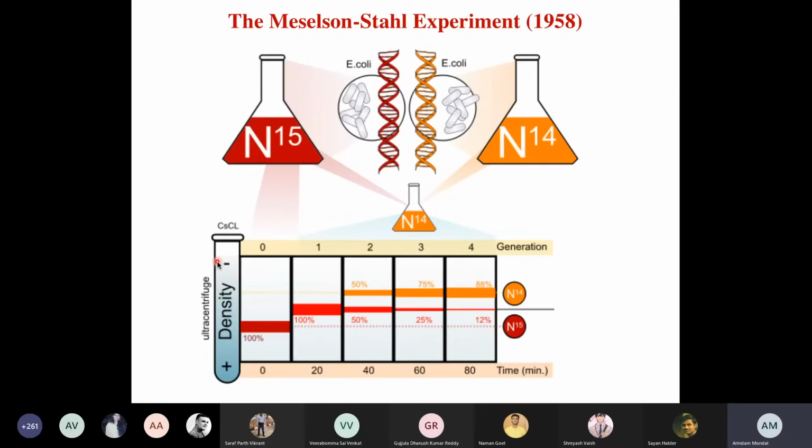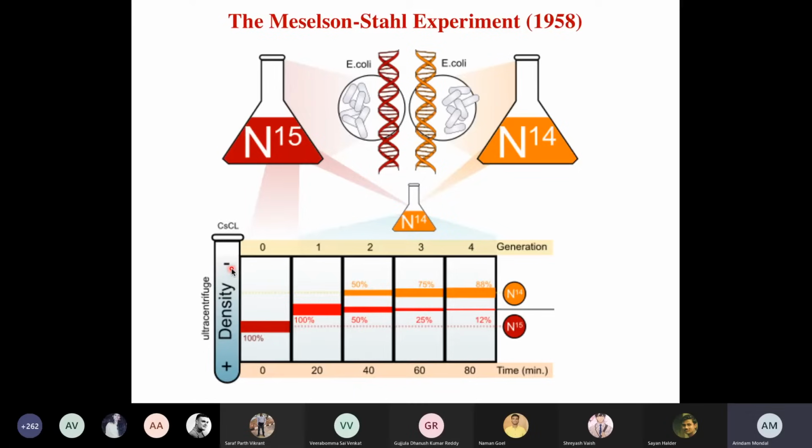Because cesium chloride is an extremely viscous salt, the viscosity of the solution will differ along the gradient. So the bottommost part will be the most viscous, whereas the topmost part will be the least viscous.